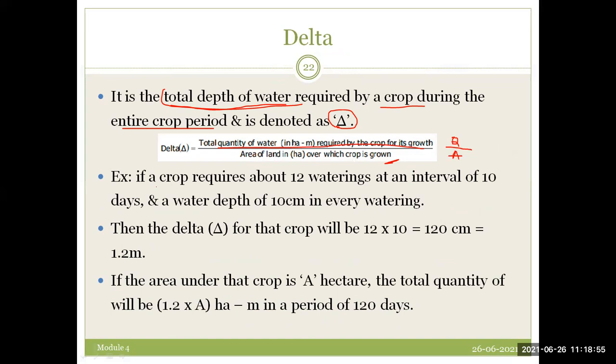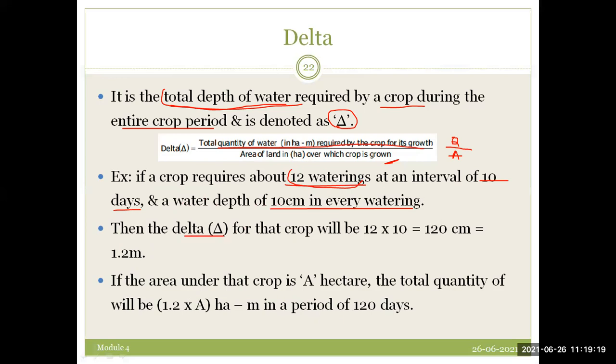Similarly, we'll take an example for better understanding. Suppose a crop requires 12 waterings at an interval of 10 days, and a water depth of 10 centimeter in every watering. So at each watering, you have to supply 10 centimeter of water.